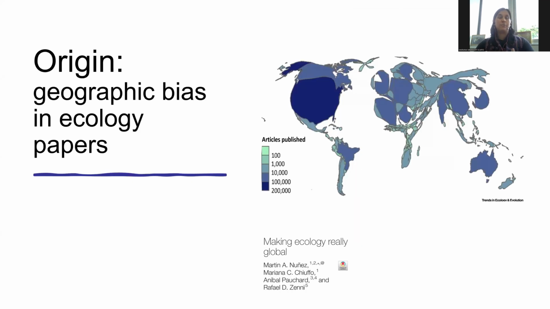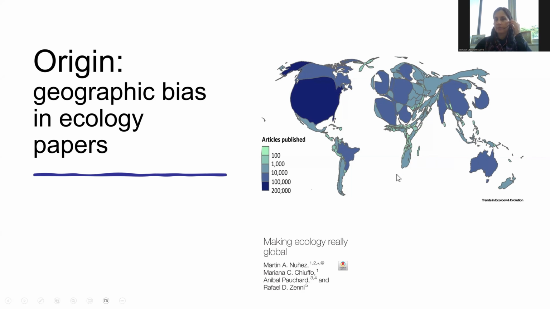And as I was mentioning before, the origin of the researchers is the main barrier preventing a truly diverse and fair community of researchers. We know that several countries dominate the landscape of scientific production in ecology and in limnology. And many countries in the world are, here we see the map, shrunk, meaning that the volume of papers produced in ecology is much lower than their true size.